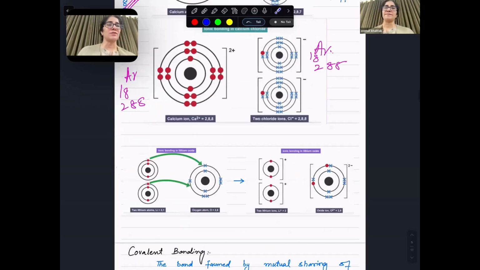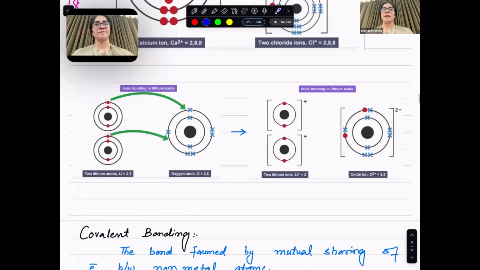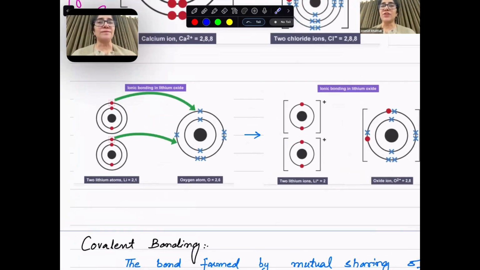If you see lithium, it will lose one. The other lithium will also lose one. Lithium is what? 3, 2 and 1. So one lithium loses one electron, another lithium loses another. And oxygen is 2 and 6. It needs how much? 2.